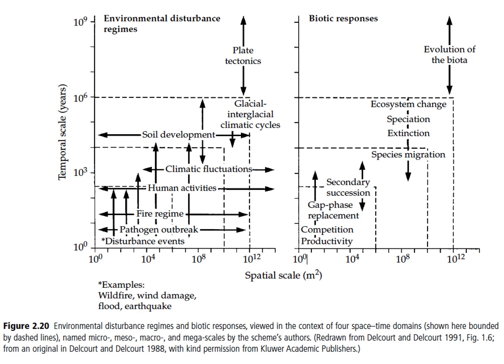So a disturbance event, the very bottom left corner of the left figure, that's like me going in and cutting down a big forest to grow pineapples, okay? The spatial scale of that is pretty small, okay? And the temporal scale, how long is that going to affect things? It's going to affect things for a while, not as long as plate tectonics or climatic fluctuations, right?